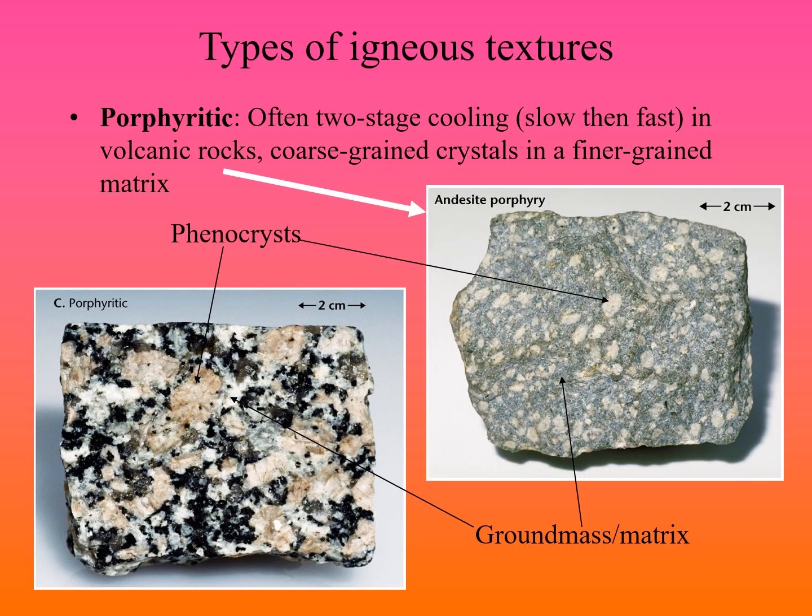And while the last slide showed us phaneritic rock, and that just means crystals that are visible to the naked eye, so an intrusive, slow-cooling rock, we also get rocks that have different phenocrysts of different sizes, and that tells us something about how the magma was behaving in the crust.